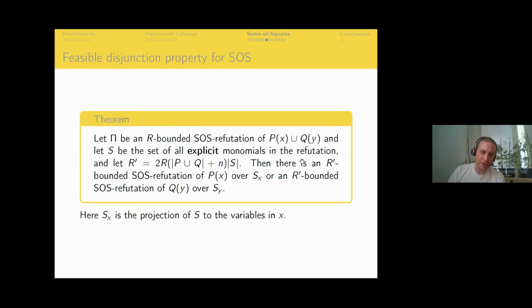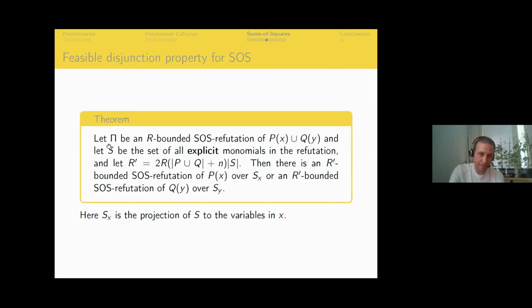What I mean by explicit monomials is, if I write this refutation explicitly, really with even all the Boolean axioms and their explicit lifts, then the explicit monomials are all the monomials in the axioms, in the lifts, and inside the squares, basically in the sum-of-squares part. Okay.